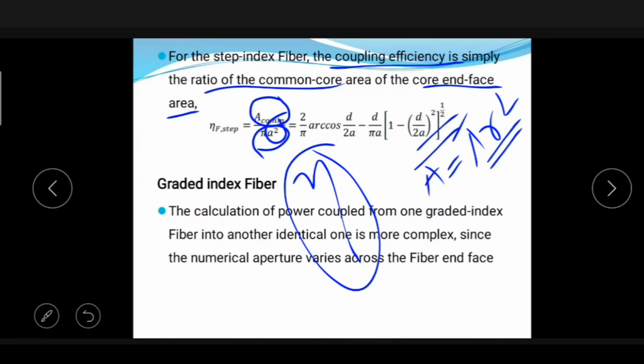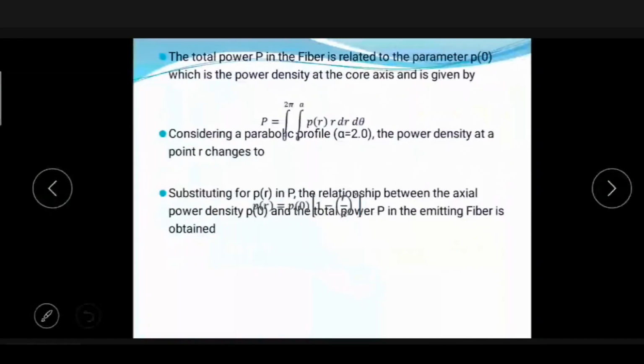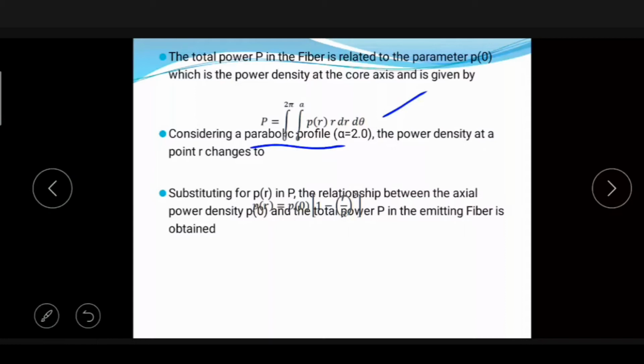Now we look into the same concept for a graded index fiber. Just go through that. Here, if I consider a graded index fiber, I will consider a parabolic profile with alpha equal to 2, and the power density is going to change at different points, different areas or different surfaces in the fiber.